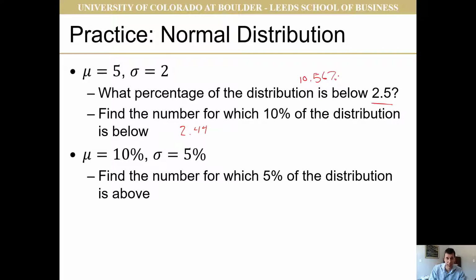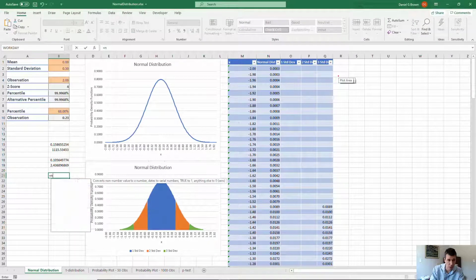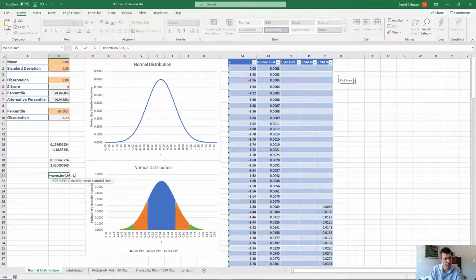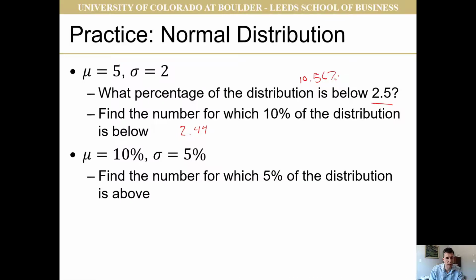So we have a mean of 10, standard deviation of 5. So we're going to use norm.inv of 0.95, comma, 0.1, 0.05, sorry. Let me make sure I got my inputs right. Mean is 10%, standard deviation is 5%.